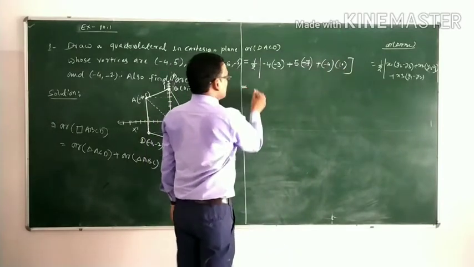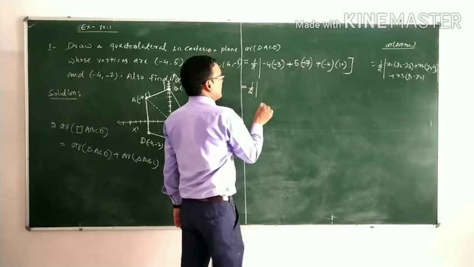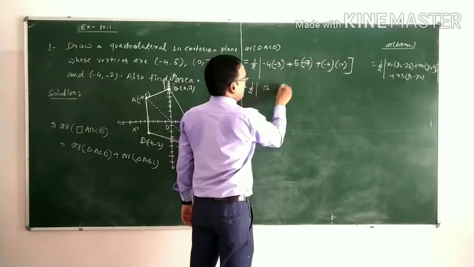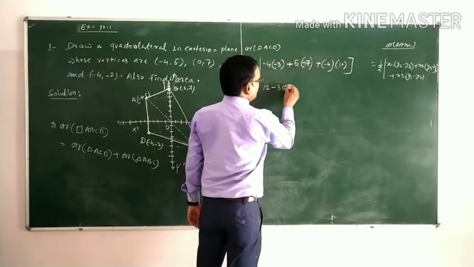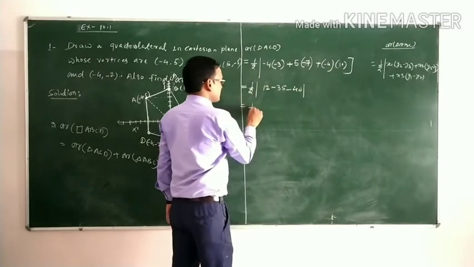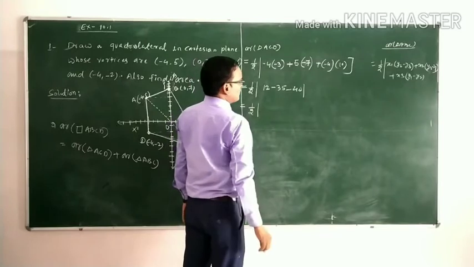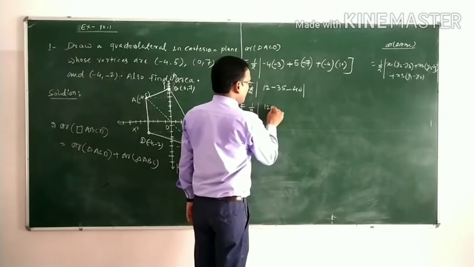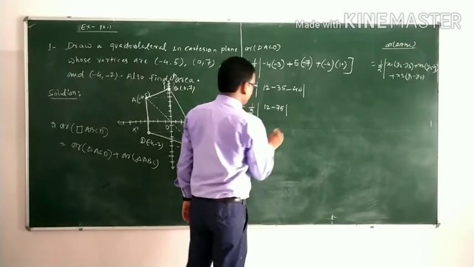This equals 1/2 mod of 12 minus 35 minus 40. This equals 1/2 mod of 12 minus 75.